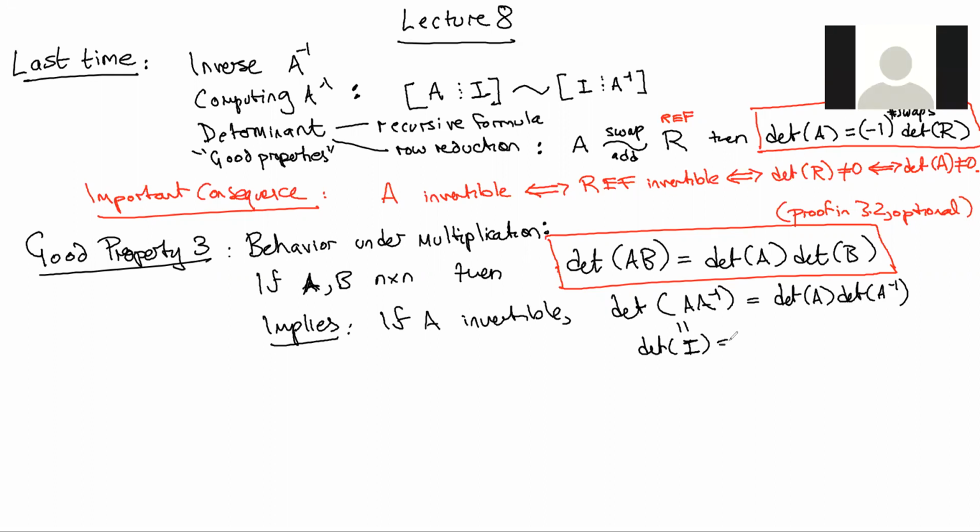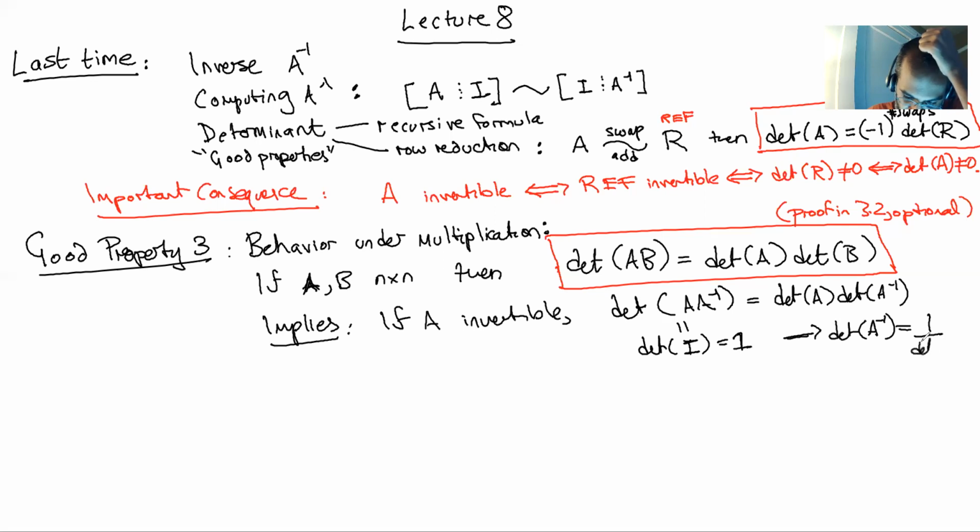One. So in particular, this implies that the determinant of A inverse is just 1 over the determinant of A. Another really nice property. So that's good property 3 of the determinant. So any questions about good property 3? Okay. And now, finally, I want to end with just mentioning the geometric interpretation of the determinant.